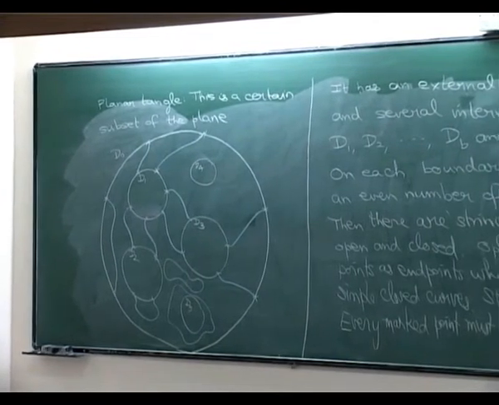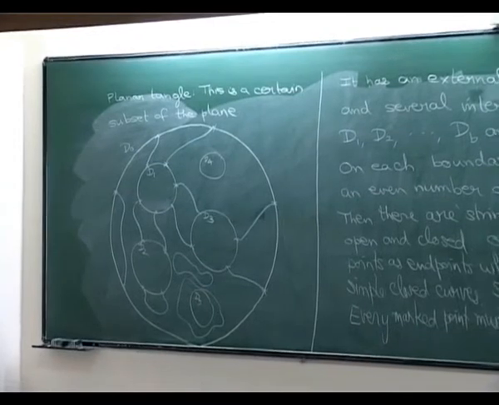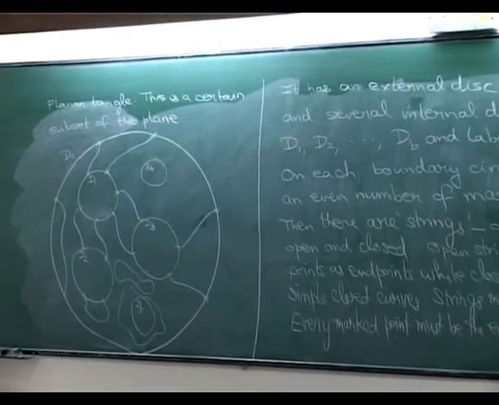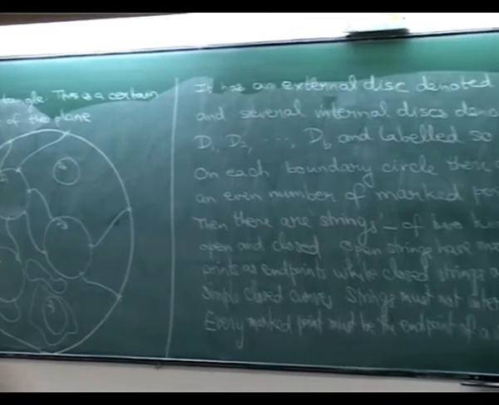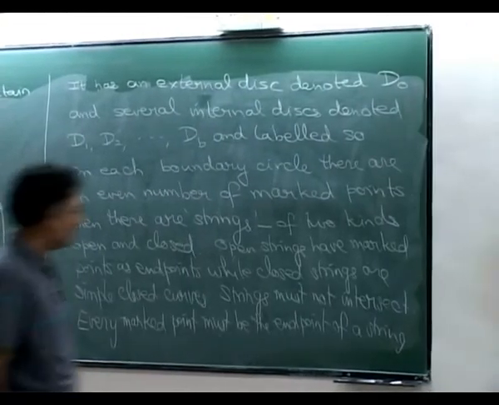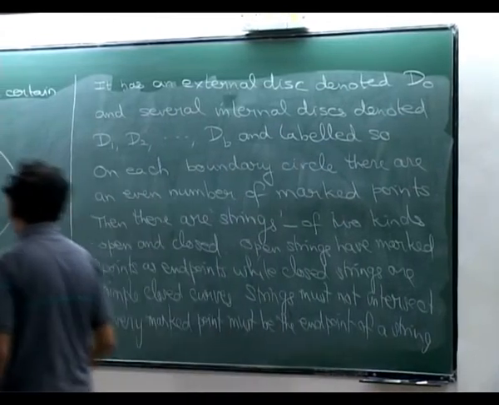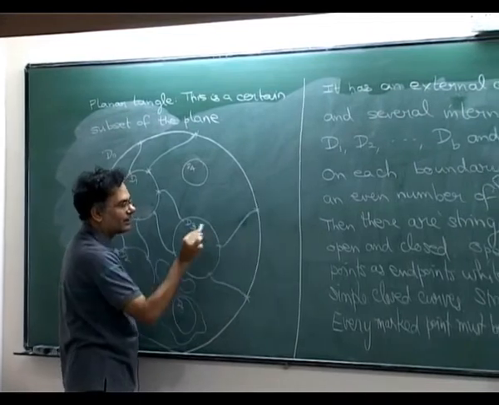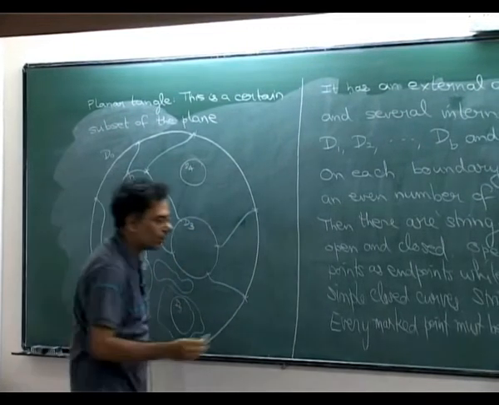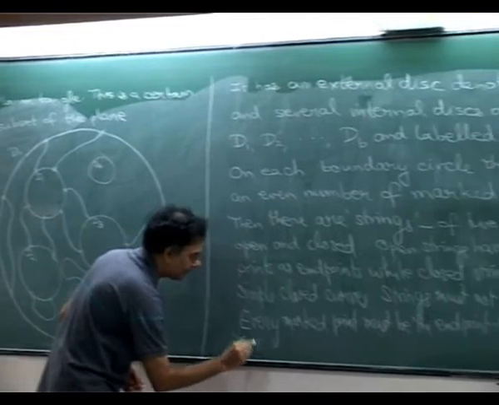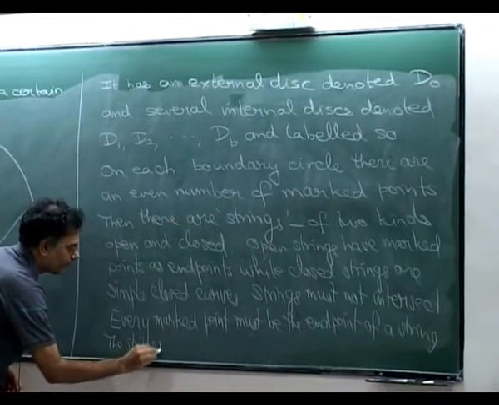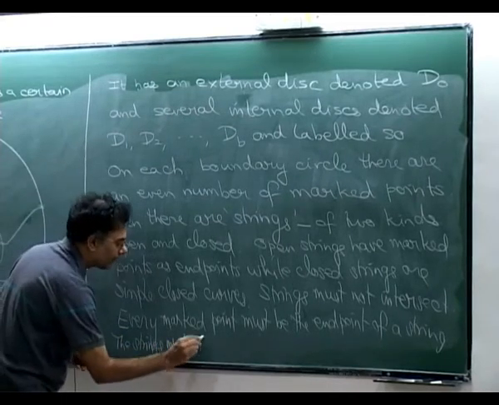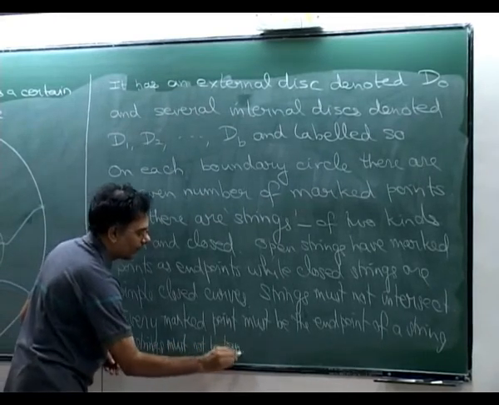Okay, so we have these marked points, we have strings. Then we have another rule. So another thing is these strings are not allowed to tangentially touch the boundaries of the disk. So the strings must not be tangential at the point of intersection.